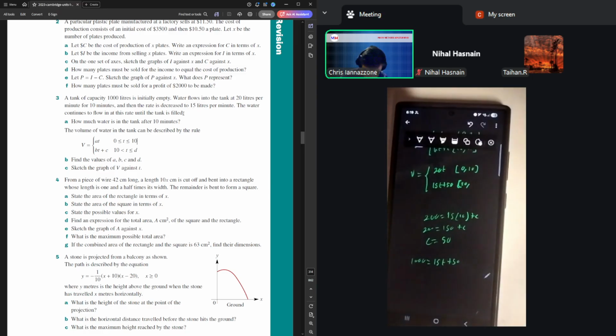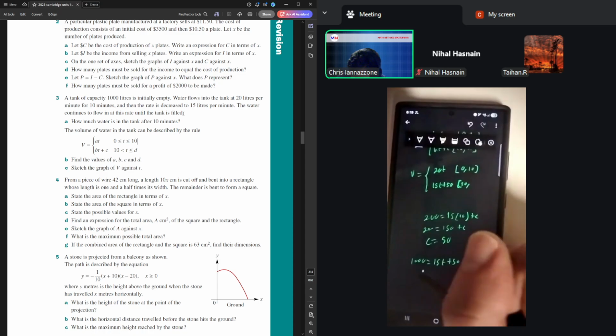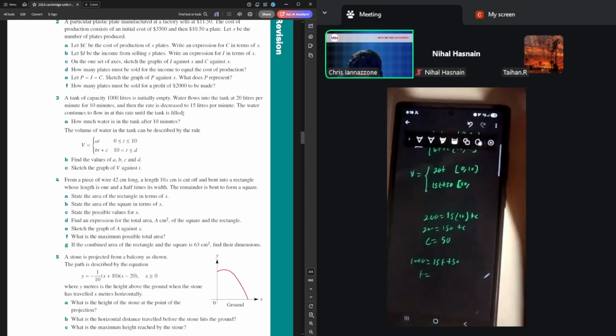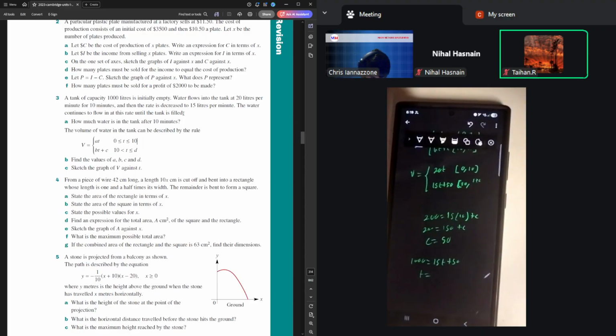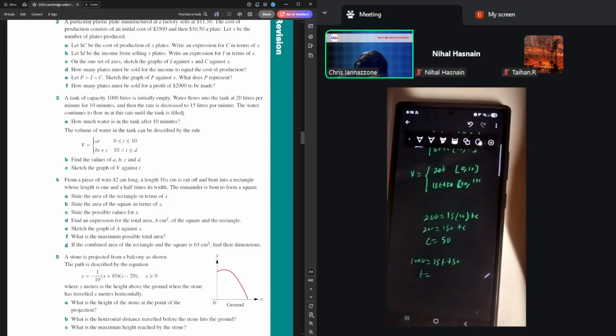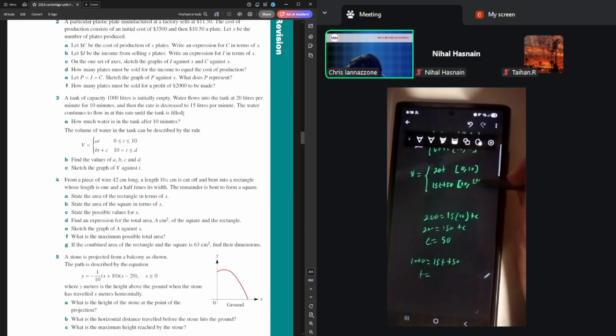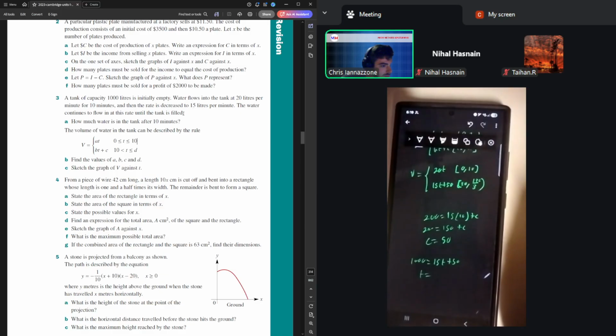Let me double check. Whatever this solves into, it doesn't really matter what the number is as long as you solve for t. So we'll do 1000 minus 50 divided by 15. Yeah, you had it right, 190 over 3. And that's going to be our D there.